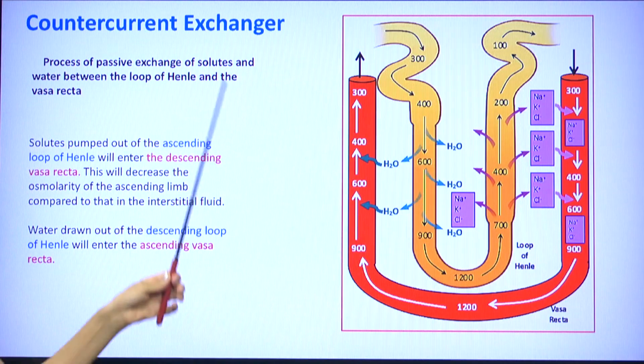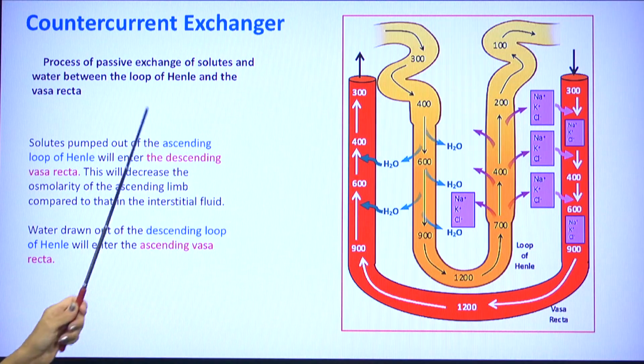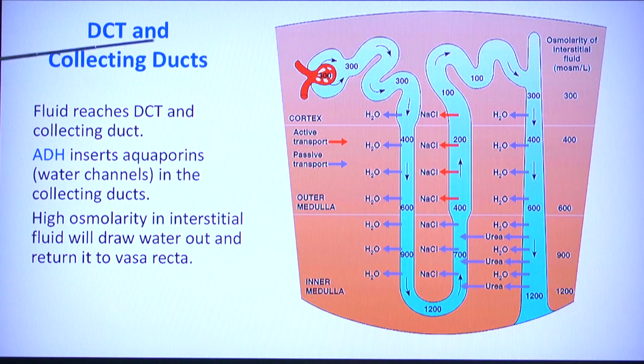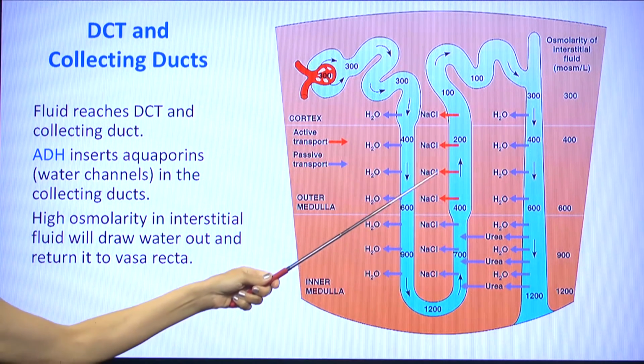This exchanger and the multiplier have one more effect, and this effect is going to be on the distal convoluted tubule and the collecting ducts. We're going to look here.